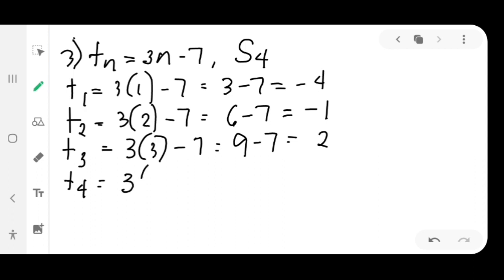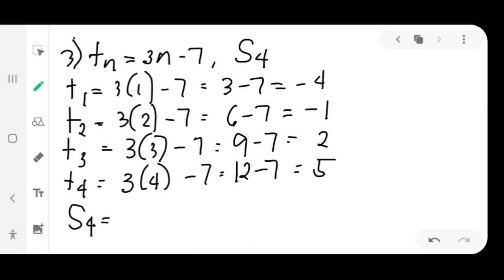So we have 3 times 4 minus 7 equals 12 minus 7. Then our t sub 4 is equal to 5. Let us now solve for S sub 4. So S sub 4 is equal to negative 4 plus negative 1 plus 2 plus 5.